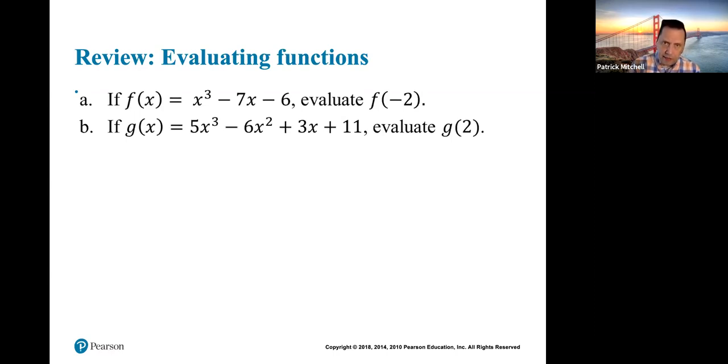If g of x is 5x cubed minus 6x squared plus 3x plus 11, we want to evaluate g of 2. So go ahead and try that. And when you're finished, come back and we will compare notes.